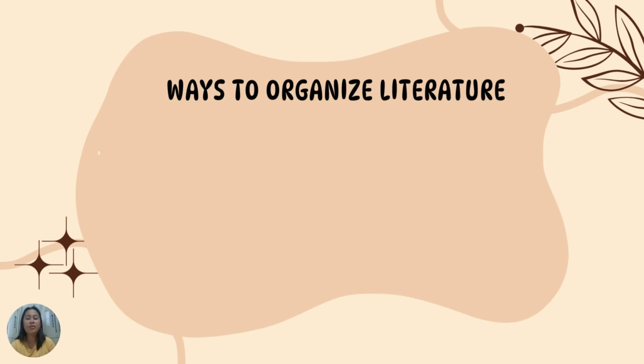After gathering your sources, choose how you'll organize them in your review of related literature. The most common is thematic approach, where you group studies by themes or variables that relate to your research questions.